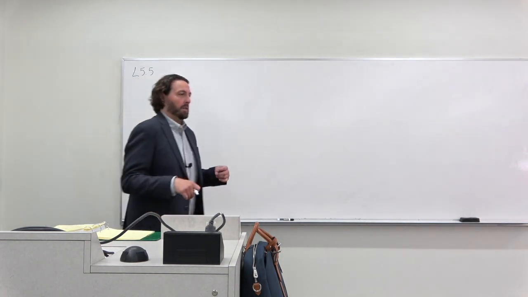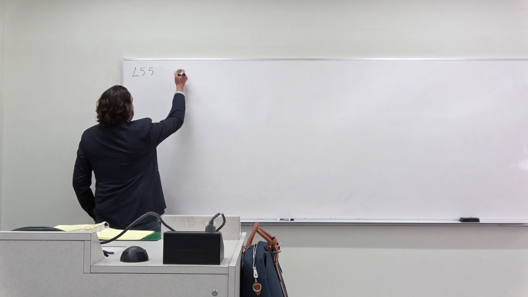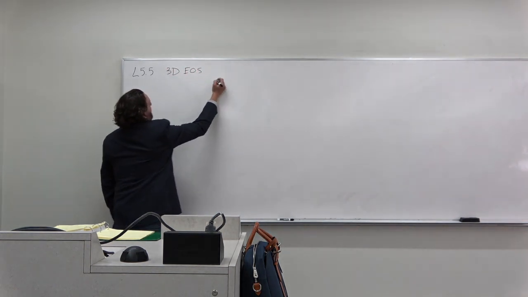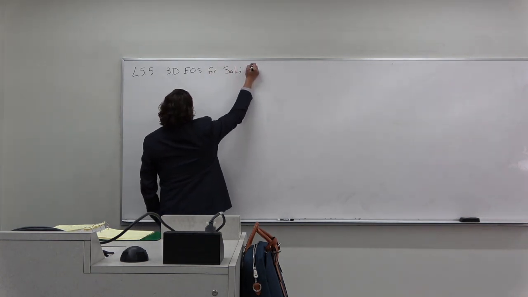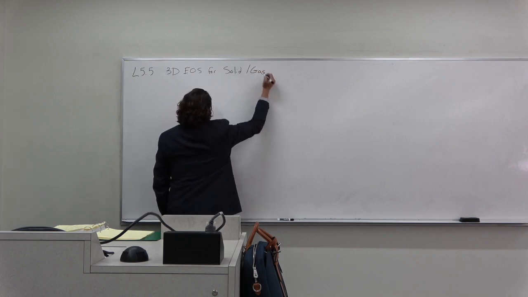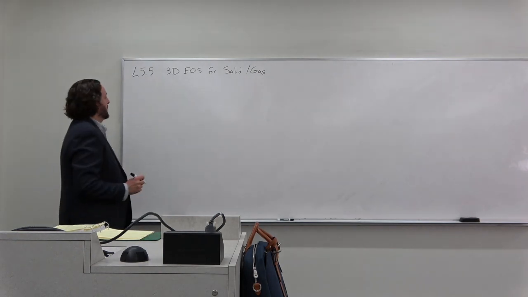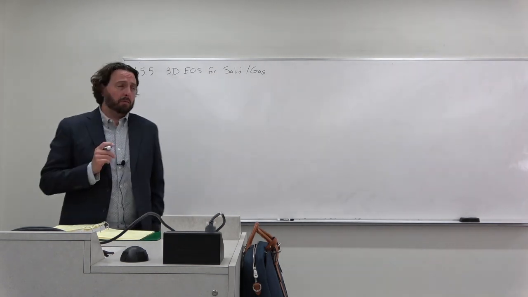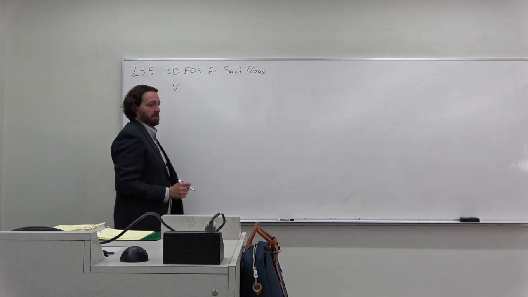So now I think we have all of the components we need to define our three-dimensional equation of state for a solid or a gas. Okay? So the first step is realizing that in many of the occasions what we really wanted was to understand how the volume changes, right?